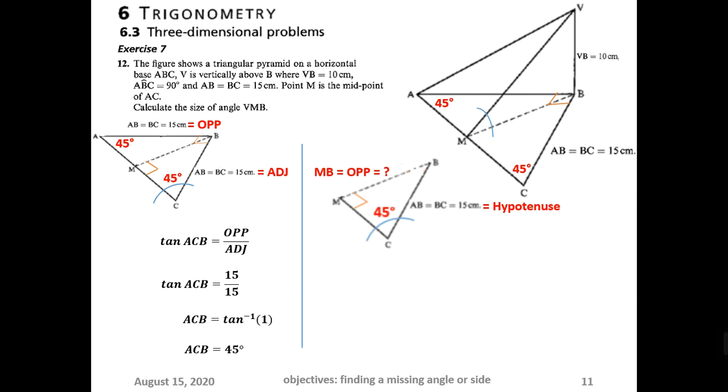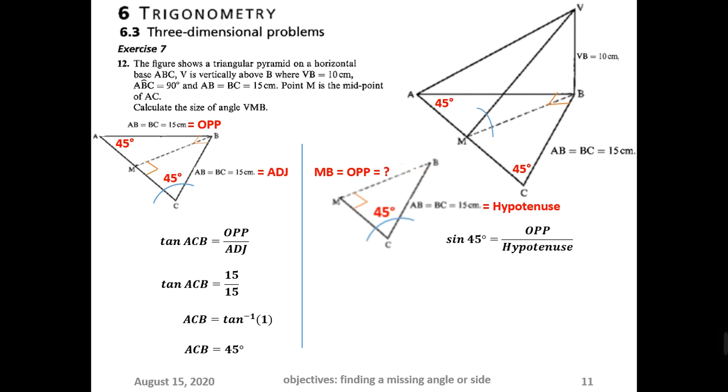Since the angle is known and the hypotenuse is known, while the opposite is unknown, I need to use the sine rule. Sine of 45 degrees is equal to opposite over hypotenuse.